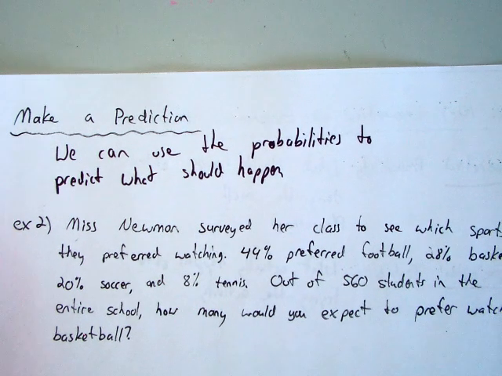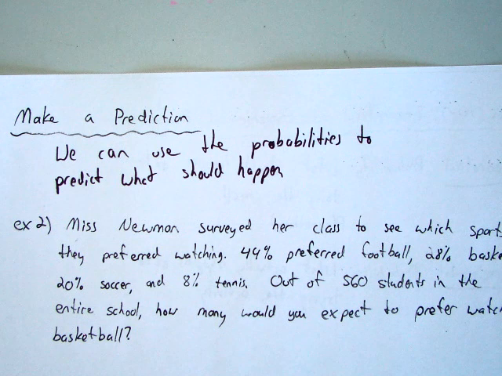So, for example, on the last one, what should have happened was it should have landed on heads half the time. And if it went 40 times, that means it should have landed 20 times. But it didn't. But we can use that to make a prediction to see exactly how many students or how many things should happen or we should expect to see.